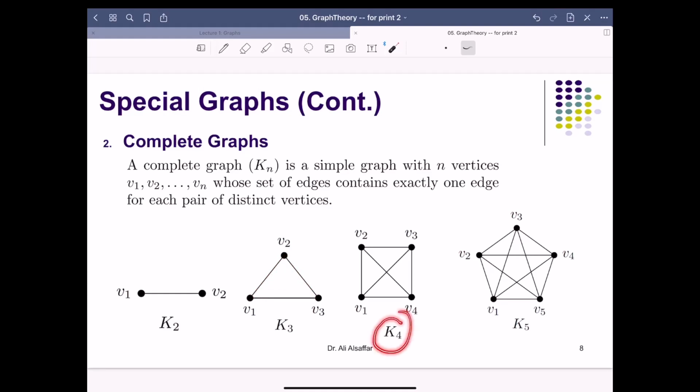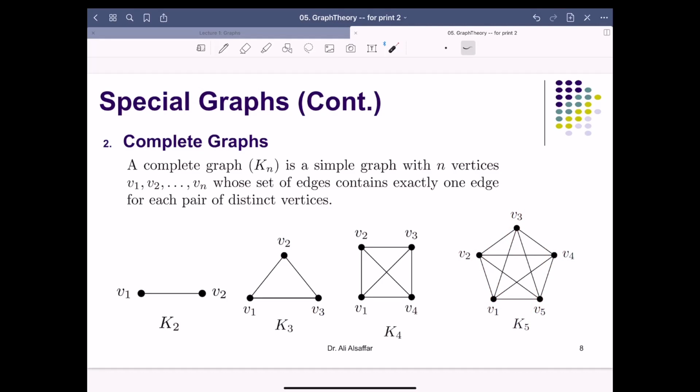Now for K4, we have 4 vertices, and to make an edge between every 2 vertices, these are the vertices and we connect them by these edges, and don't forget we also need these edges. Now for K5, the number of vertices is 5, and we need to draw an edge between any 2 vertices.